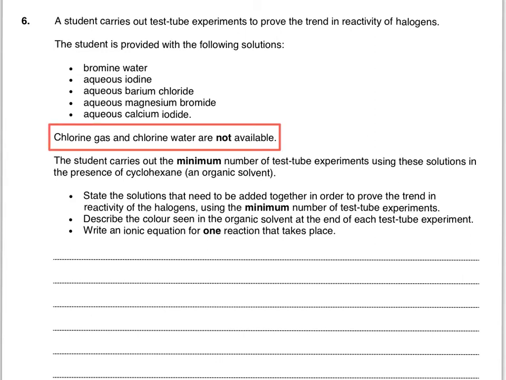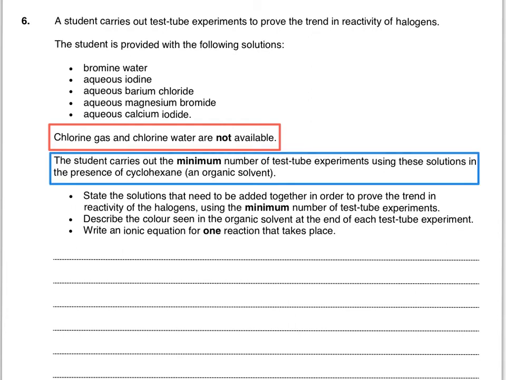So I'll put a red box around that because it clearly means that there's something about what they want you to do that doesn't involve using chlorine gas or chlorine water. And it says the student carries out the minimum number of test tube experiments using these solutions in the presence of cyclohexane, an organic solvent. So I've squared that one as well because it's important to remember when you're doing your answer.